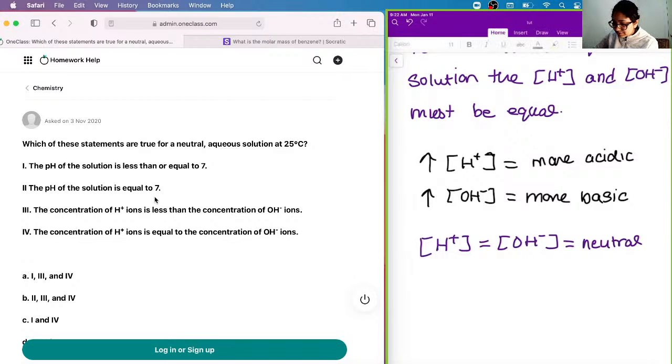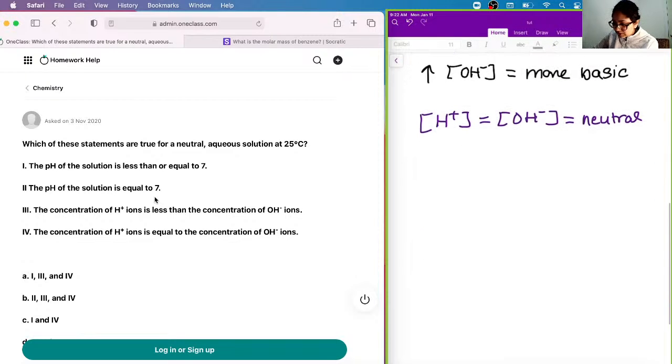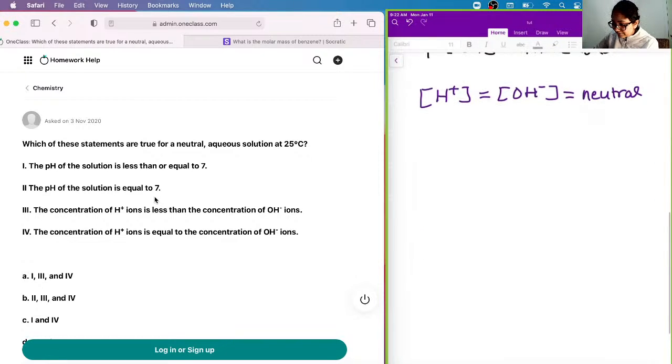And so to prove this, we can basically come up with an equation. If you guys recall, the pH of a solution is related to the concentration of your hydrogen ions, and so we can write out an equation that represents this.